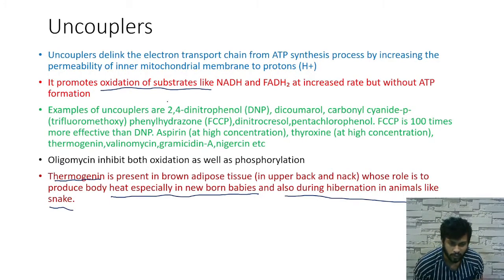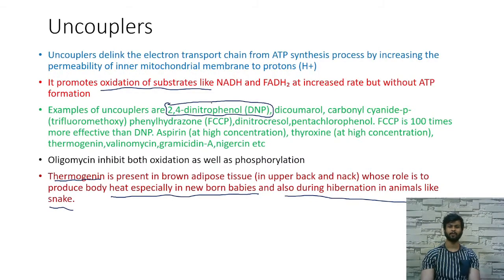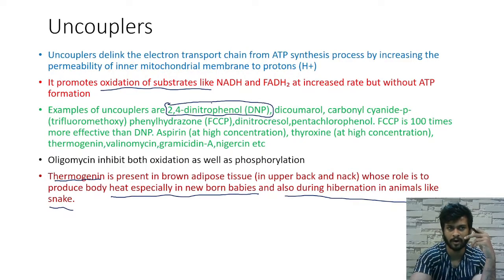And 2,4-dinitrophenol was previously used for fat loss and weight loss. Because of increased oxidation, more heat will be generated, but ATP synthesis will not occur. So due to increased oxidation, more and more glucose will be oxidized and more and more heat will be liberated.